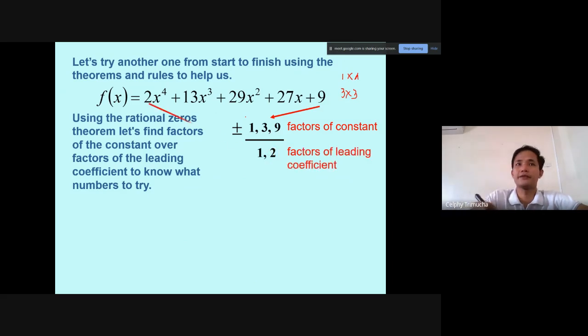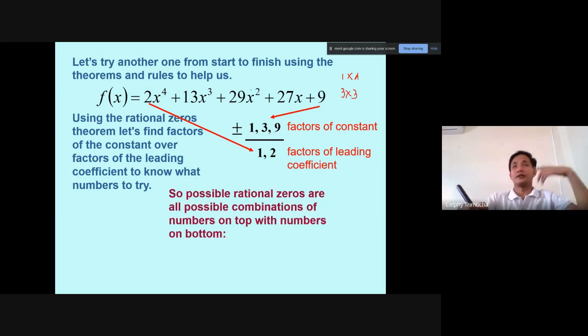Next one, for the coefficient. How do we factor it? We have 1 and 2. But take note, it can also be positive or negative. This is an important concept because this one cannot be done directly on the calculator. If it is raised to the fourth, it is no longer on the calculator, it can no longer be factored.